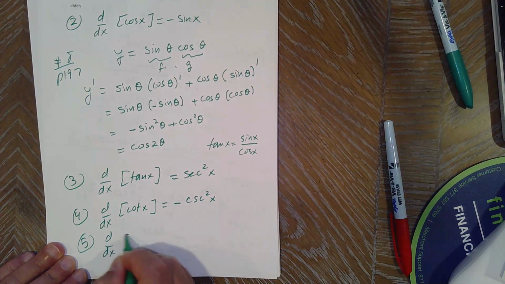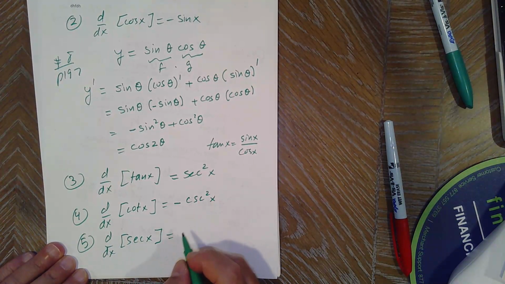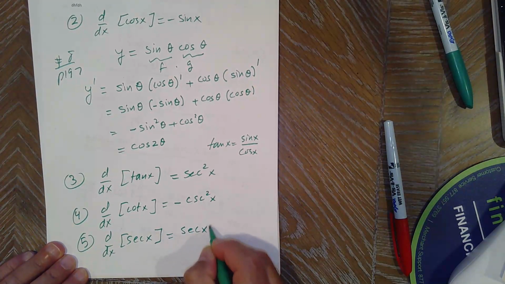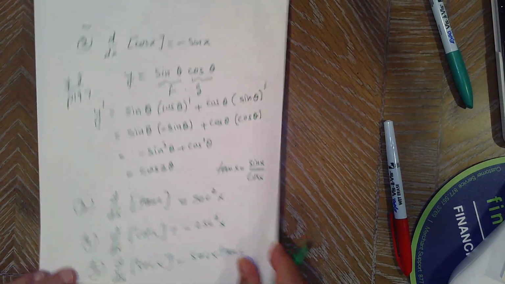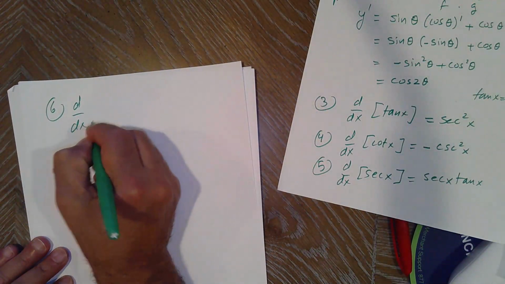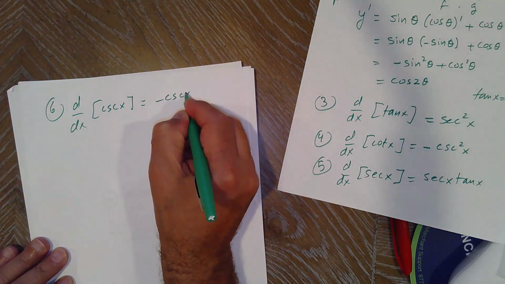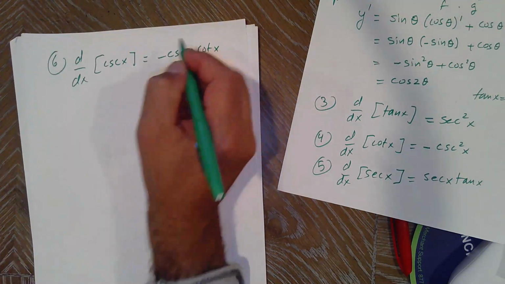Derivative of secant, to prove it, we can write it as 1 over cosine and use the quotient rule. Secant x tangent x. And finally, the derivative of, and you need to memorize these, cosecant x is negative cosecant x cotangent x.